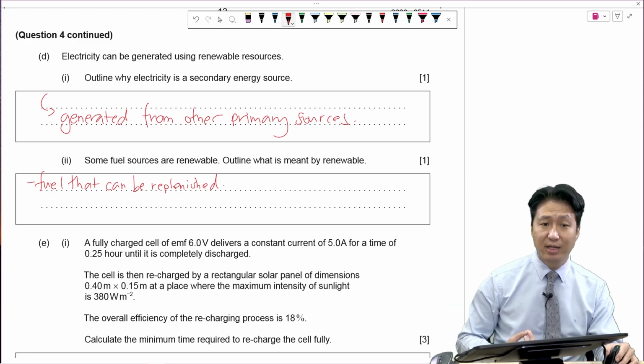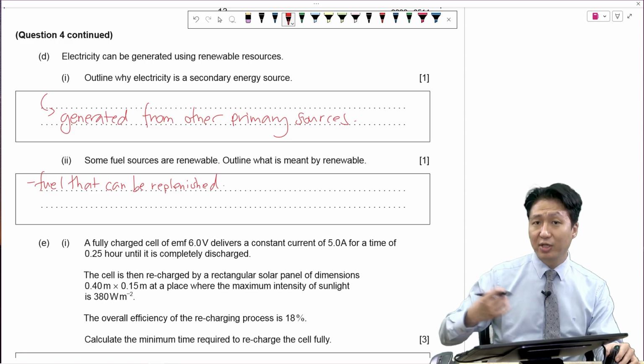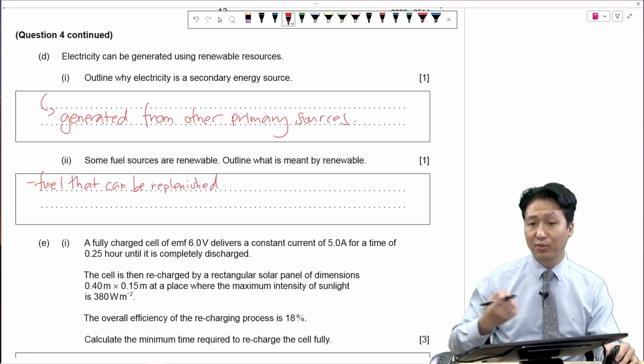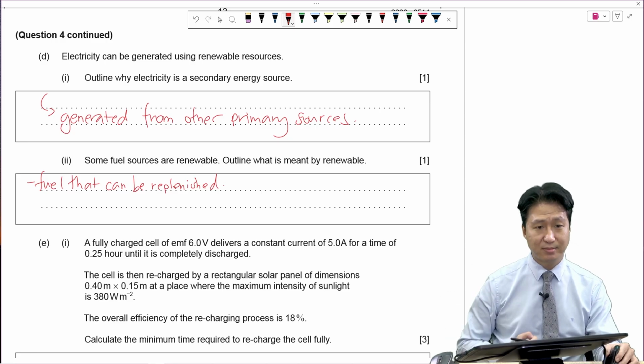Or you can also say that it's a type of fuel that will never run out, is basically limitless. You can also say that it's a fuel from renewable sources, such as biofuel, hydrogen, hydroelectric. Or you can also give other types of examples of renewable energies, geothermal, sunlight, etc.